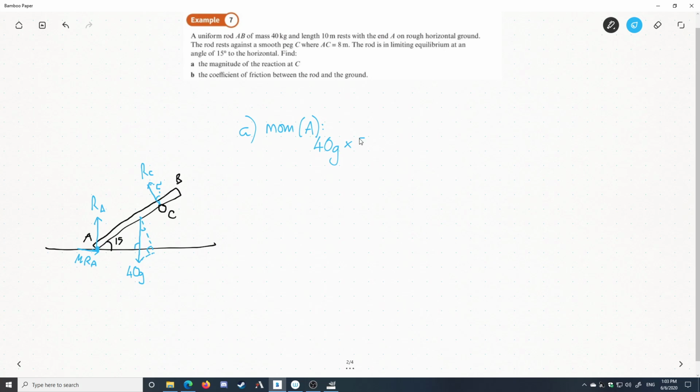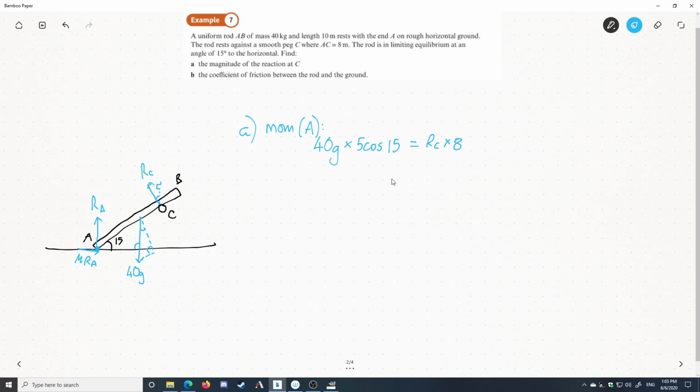So the clockwise moment about A, we've got the force of 40G, and the perpendicular distance to this force is 5 meters cos 15, because we need the distance along the floor, so perpendicular to the force there. So 5 cos 15, and that needs to equal, because it's in equilibrium, this one, the force is RC, and the perpendicular distance here is actually just 8 meters along the rod, so RC times 8.